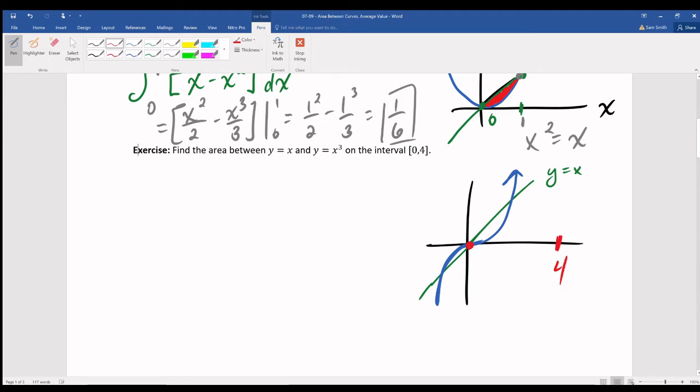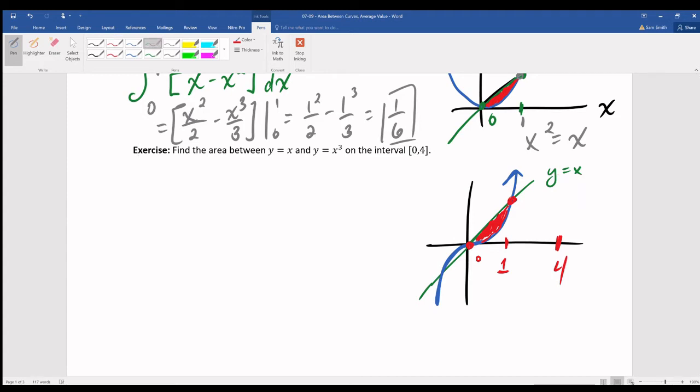Now, what's interesting about this example is that roughly halfway through the region, at x equals 1, the role of the top function swaps. Originally, from 0 to 1, y equals x is on the top, but as x becomes larger than 1, the cubic function is the one that's on the top. Blue then overtakes green and is on the top of this region.